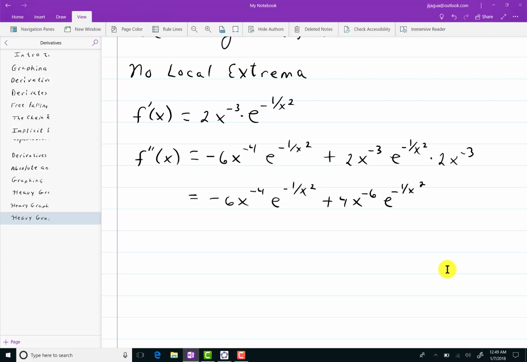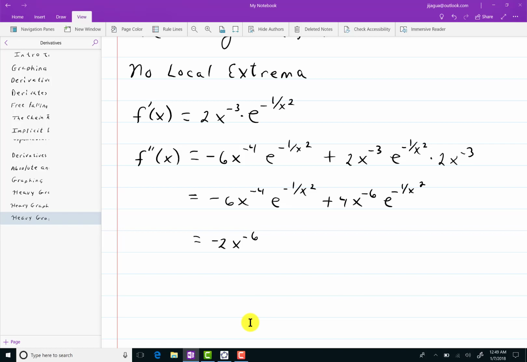Now, what you want to do when you're going to factor out is try to factor out the lowest power of x from everything. x to the negative 4 is not the lowest power. The lowest power is x to the negative 6. So I'm going to factor out negative 2x to the negative 6.